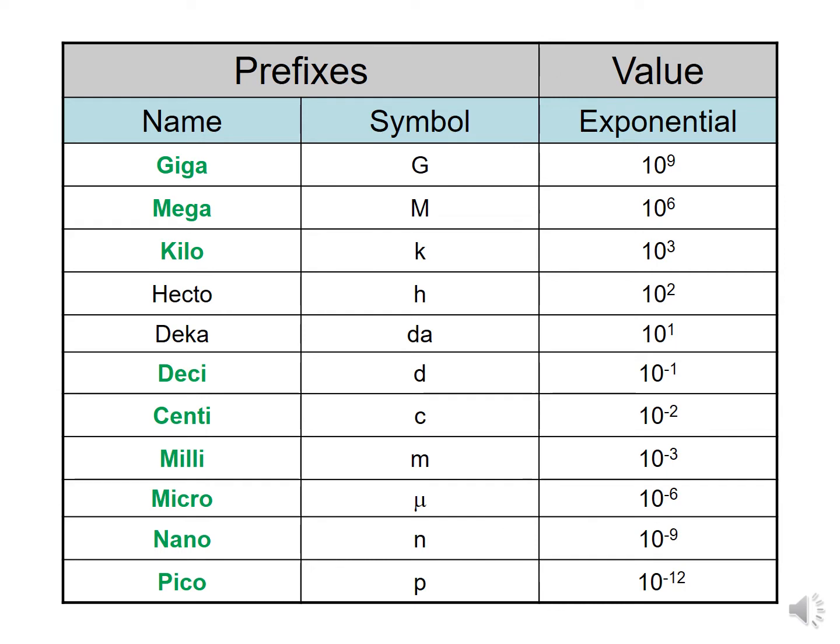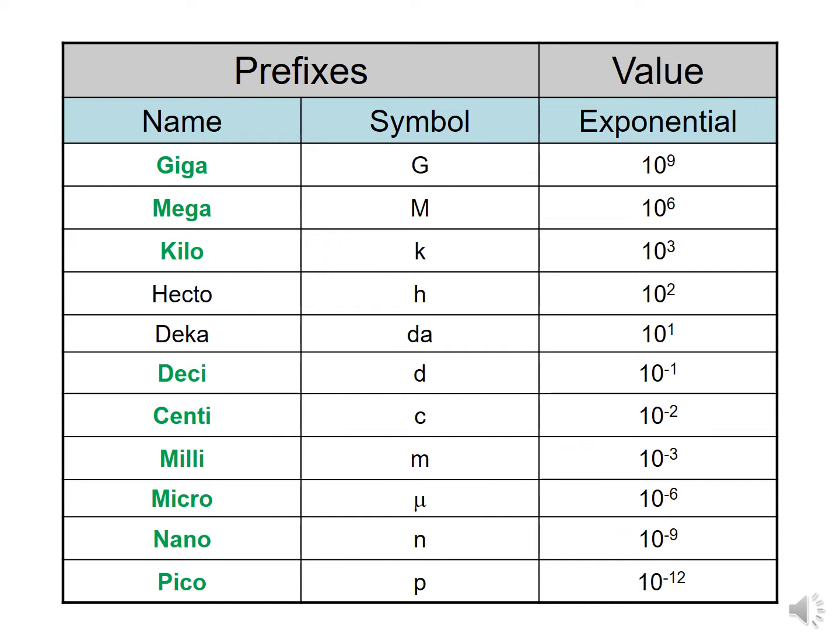You must memorize not only the name of the prefix, but the symbol for the prefix and the exponential value for that prefix, so that if you have a kilobyte or a kilometer, it means 10 to the 3rd power meters or 10 to the 3rd power bytes.